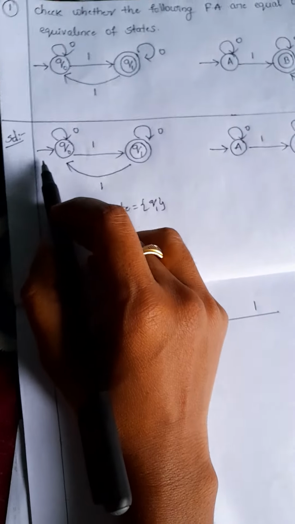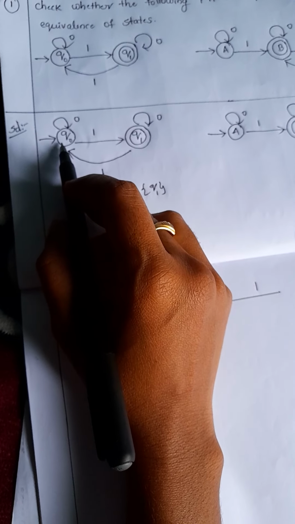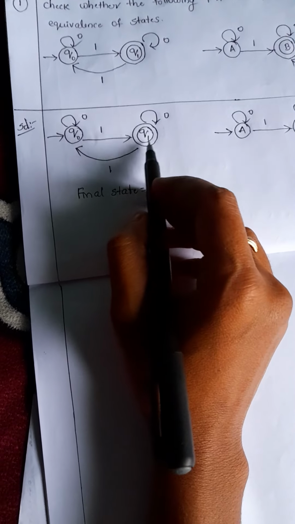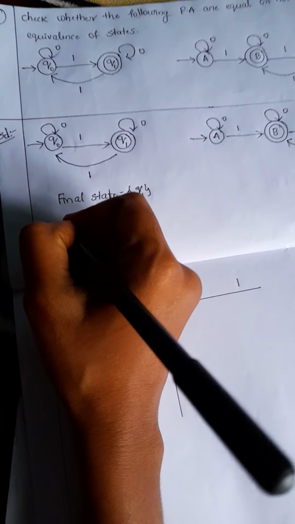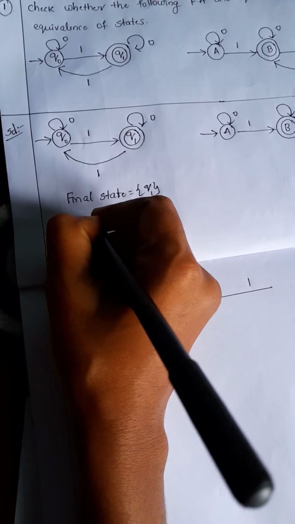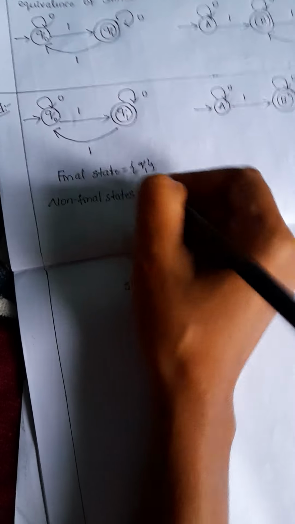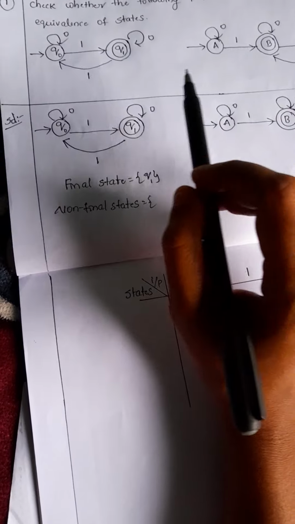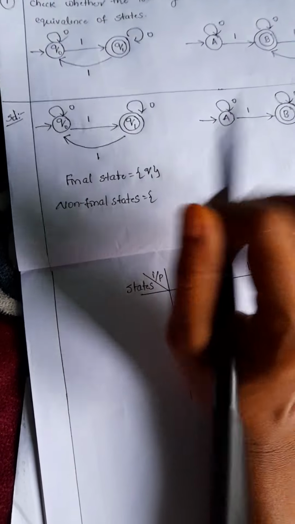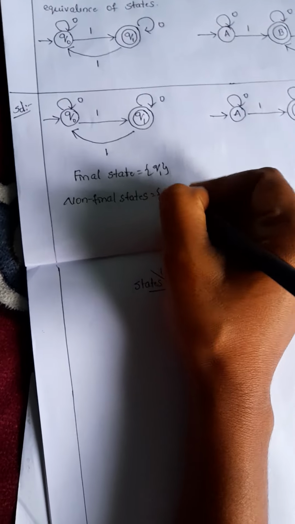The initial state is indicated by the arrow mark, and the final state is denoted by the double circle. The remaining states which are not final are the non-final states, that is nothing but Q naught here.